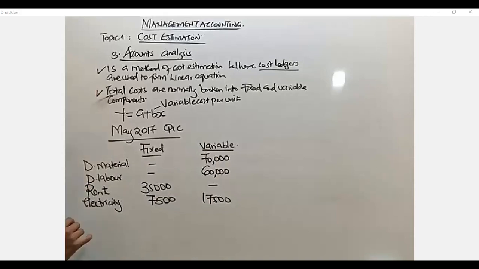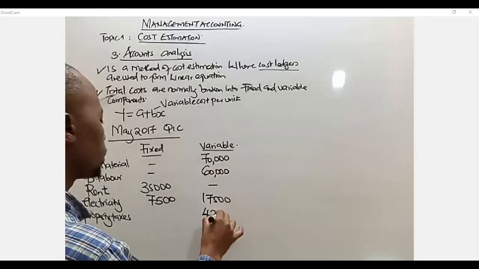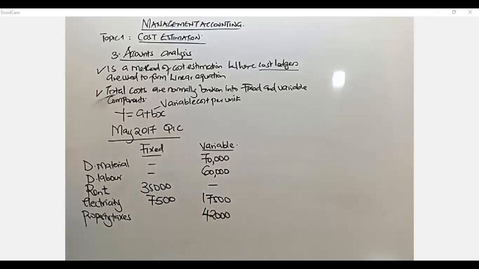Property taxes. Property taxes, we have 70% variable, 0.7 times 60,000, translating to 42,000. Then the balance, which is 18,000, should be fixed.